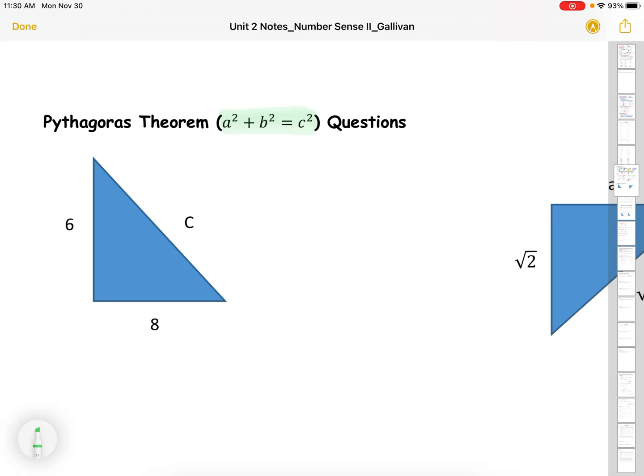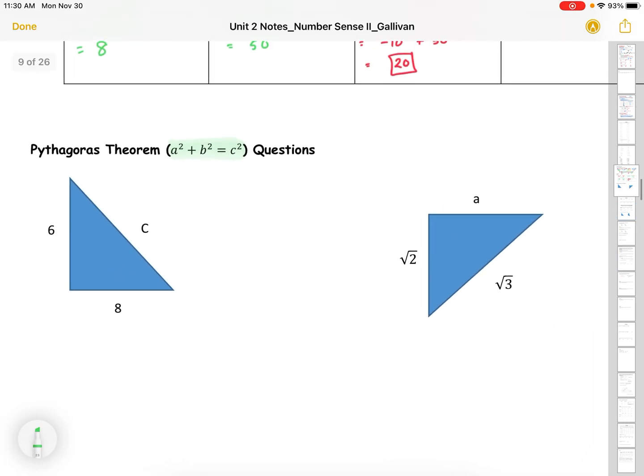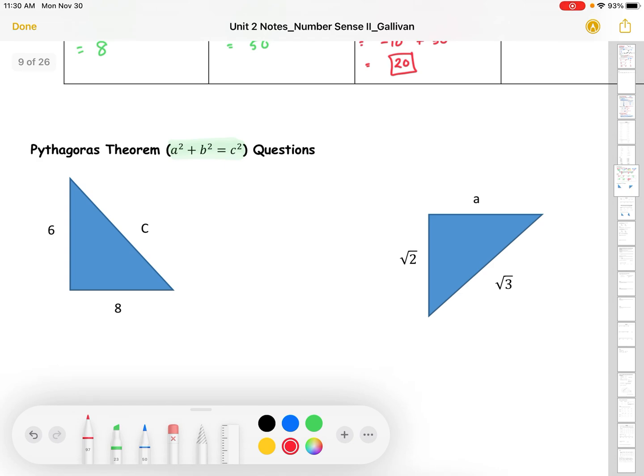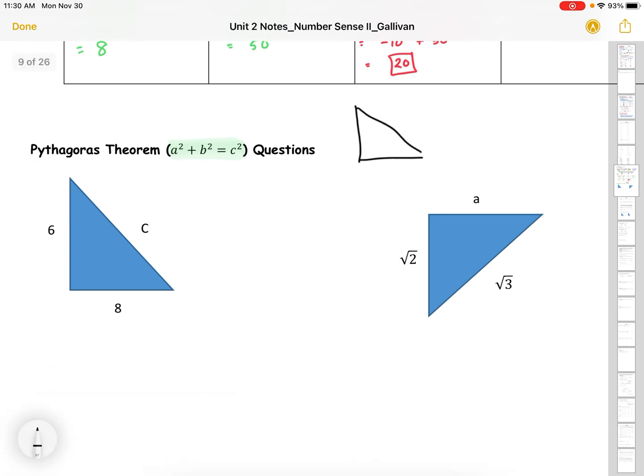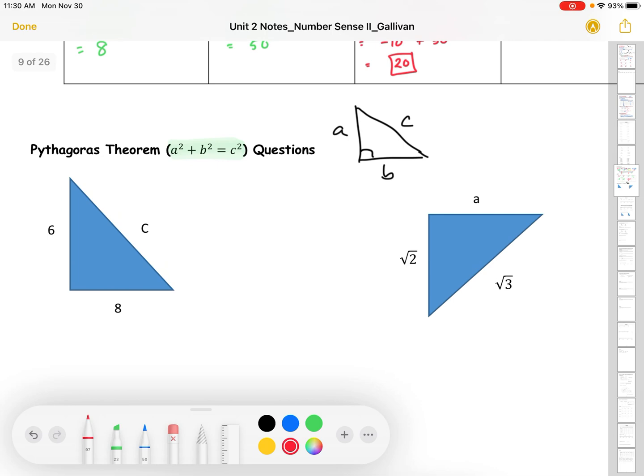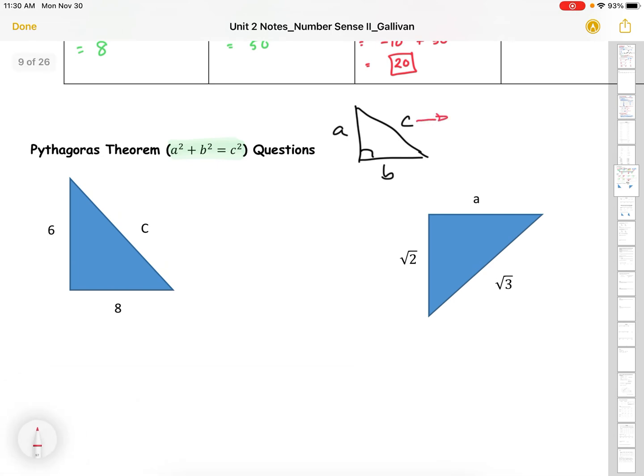Pythagorean Theorem says if we have a triangle with sides A, B, C. It doesn't matter much which is A and which is B, but C has to be the hypotenuse. The hypotenuse is always the longest side across from the right angle, okay?